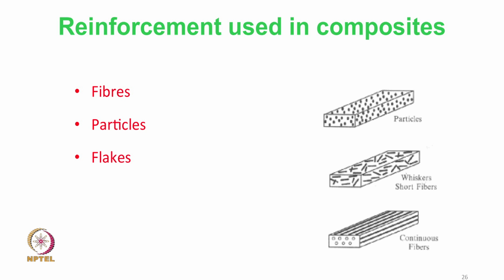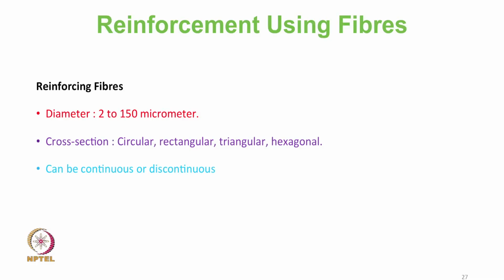So, that is the fibers. Particles are very small in dimension, and flakes are a little bit larger in size. Okay. So, first let us discuss the fiber phase reinforcement.